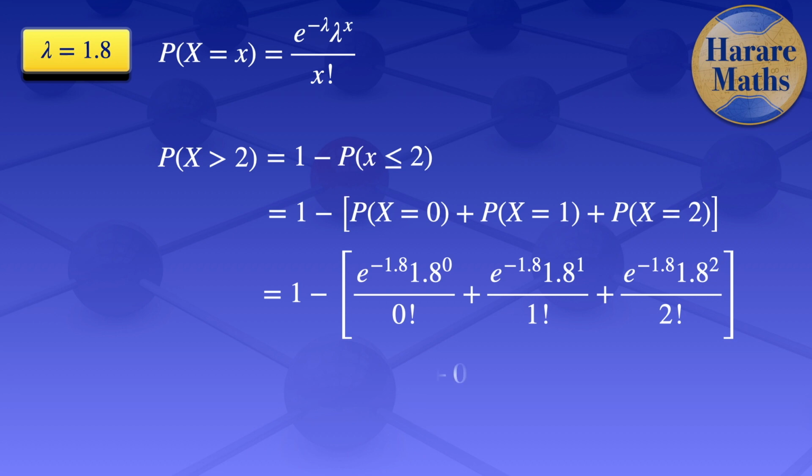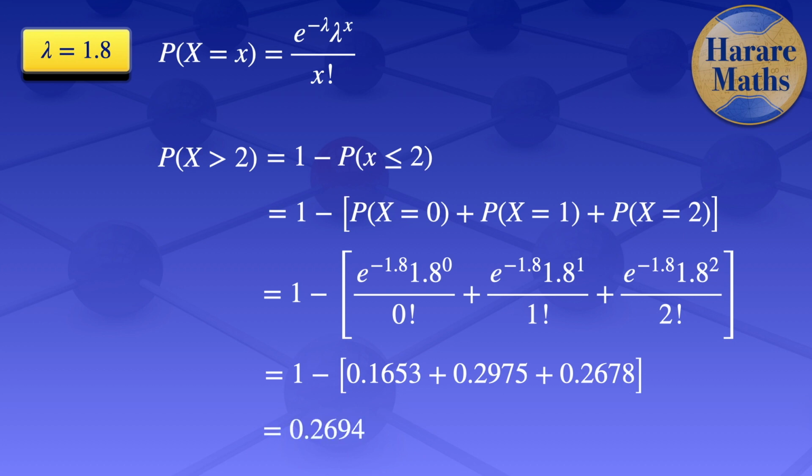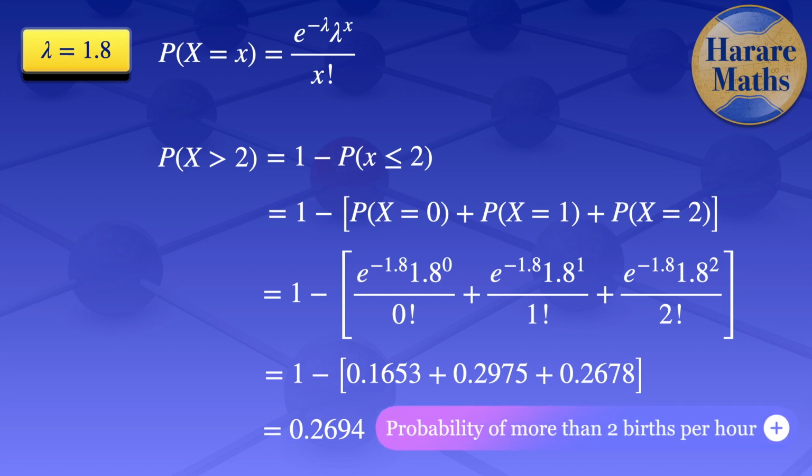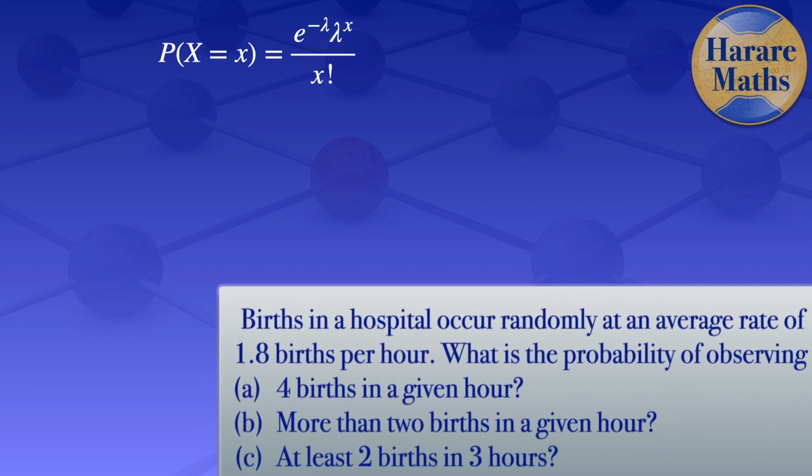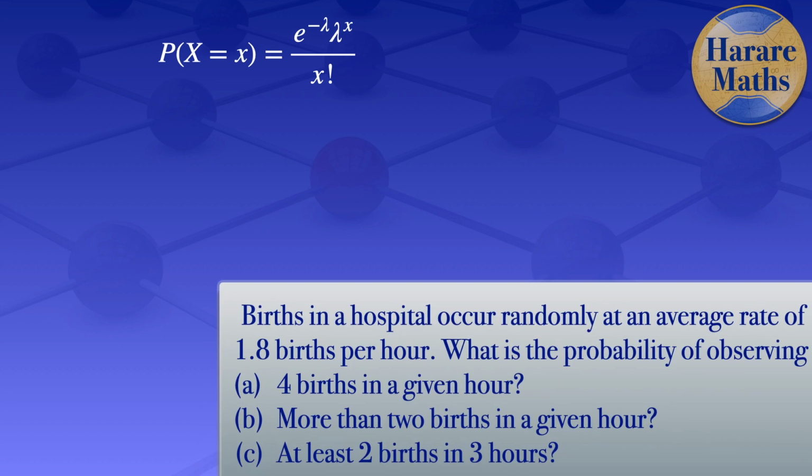Those values simplify to 1 minus 0.1653 plus 0.2975 plus 0.2678, and that will give us a value which is approximately 0.2694. So the probability of having more than 2 beds in a given hour is approximately 0.2694.